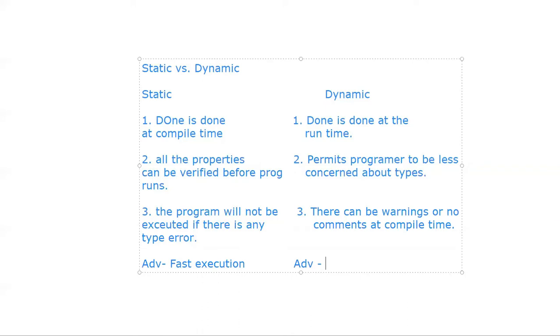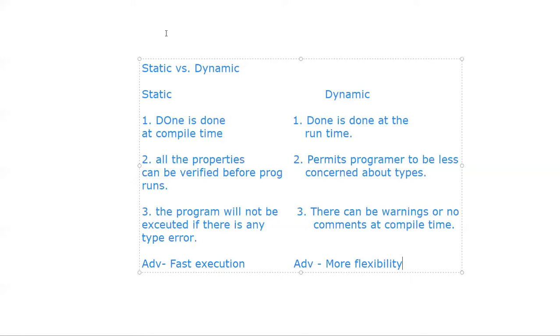It is very clear and flexible. It gives the programmer the flexibility to design the program, and after that, when the program is executed, the problems can be identified, right? So this is all about static and dynamic checking.